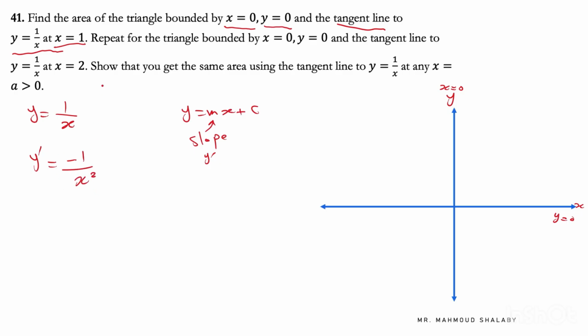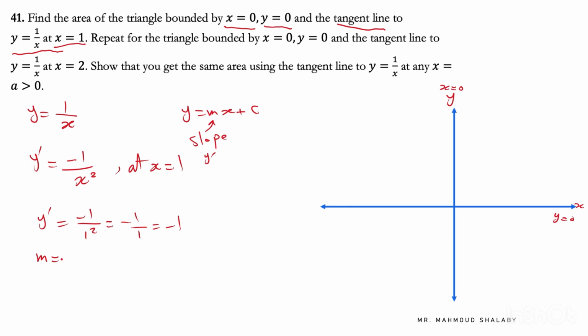This is the first derivative. Now the question says x equals 1, right? So at x equals 1, y prime equals negative 1 over 1 squared, which is negative 1 over 1, which means negative 1.